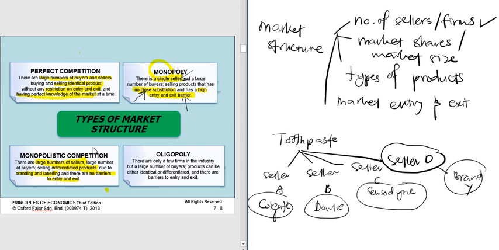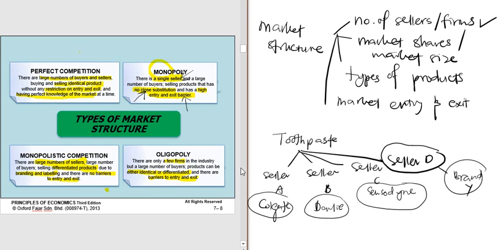Then you have the last one, which is oligopoly. Oligopoly is a market where there are only a few firms, not so many firms in the industry. Products can be either identical or differentiated, and there are barriers to entry and exit. Oligopoly is a different type of market structure where there are only a few firms, meaning not so many sellers.